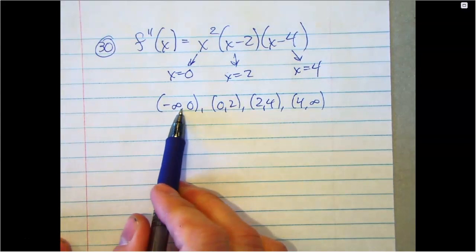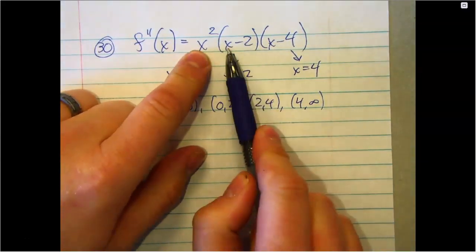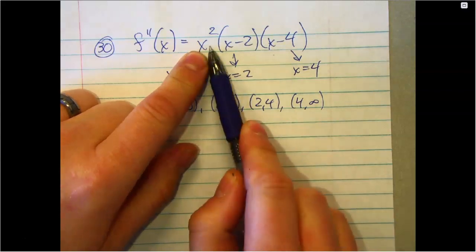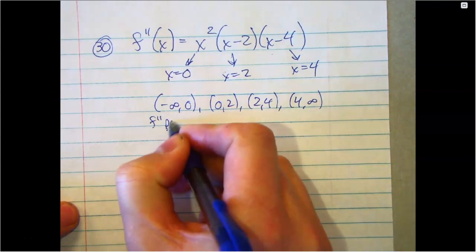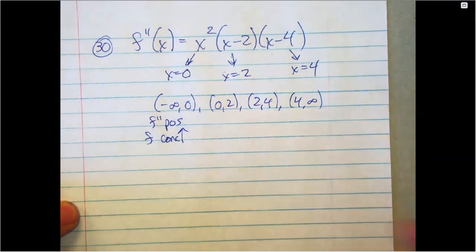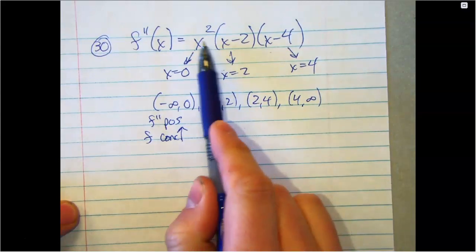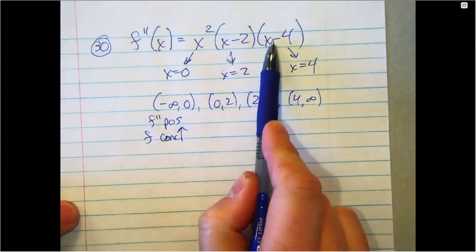So if I plug in -1, that part's positive, negative, negative. So what's a positive times a negative times a negative? So F double prime is positive, which means F is concave up. If I plug in 1, we get positive, negative, negative, right?